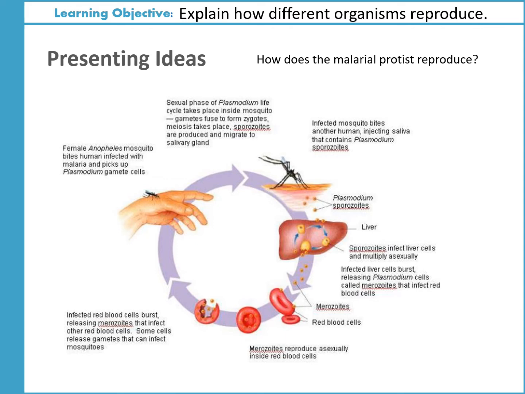And then these sporozoites, as they are now called, can then be injected into a new human. So the asexual reproduction occurs in the red blood cells of a human, and the sexual reproduction occurs in the mosquito.